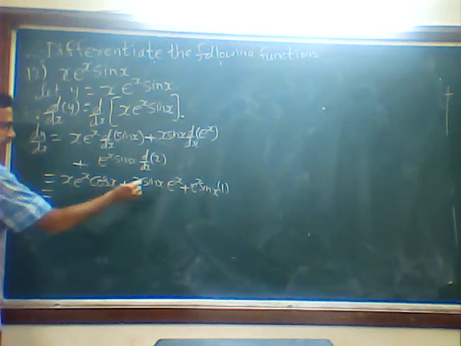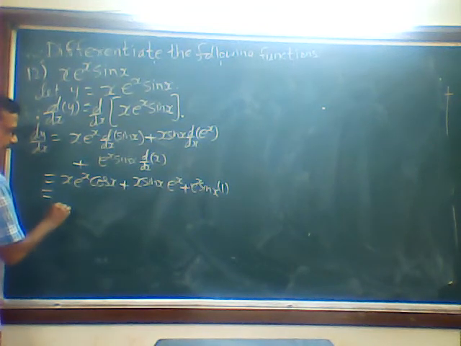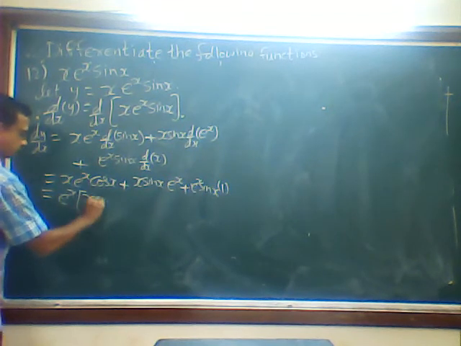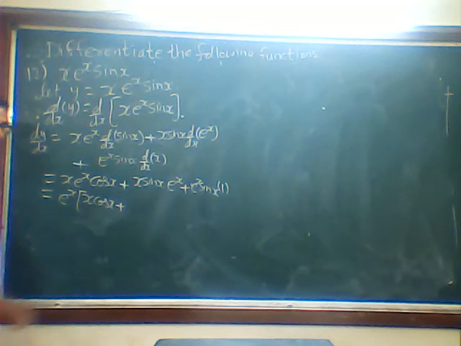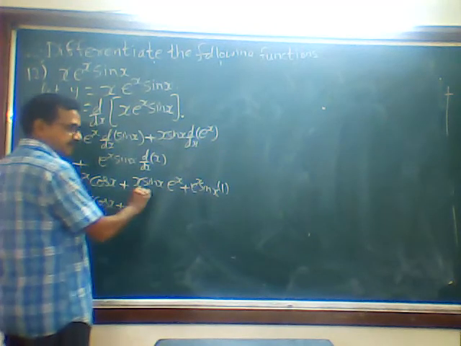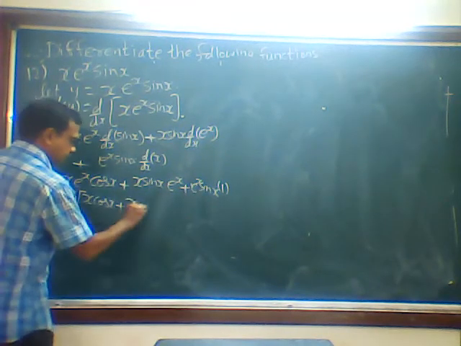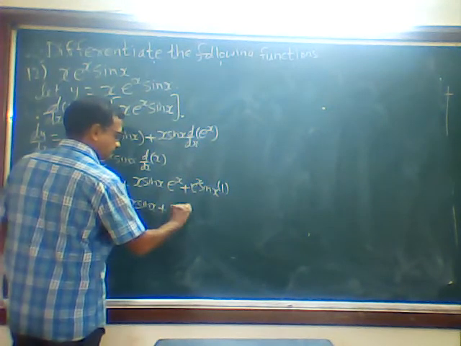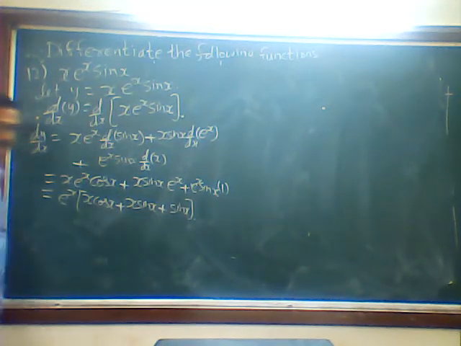If you want, we can take e raised to x common. E raised to x, if I take common, it will be what? x cos x plus x sin x plus sin x. This comes.